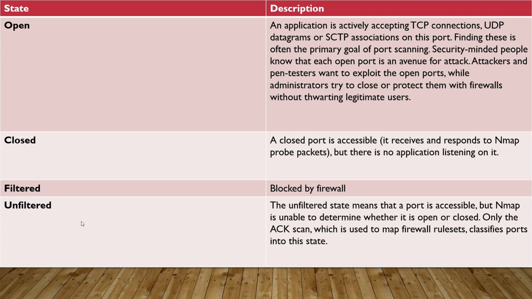What that means is it's an application that is actively accepting TCP connections, UDP datagrams, or SCTP requests. That is what you will usually see when Nmap presents a port as open.